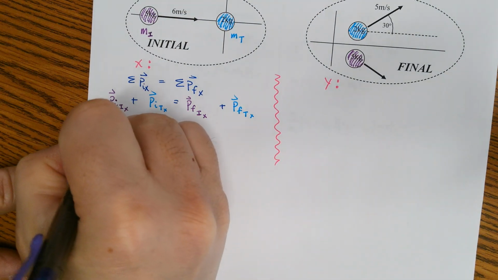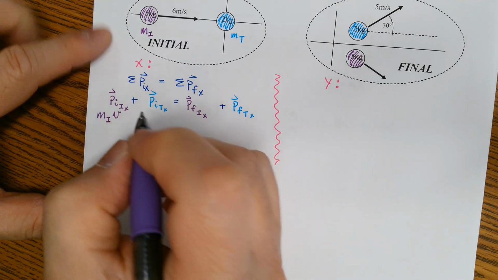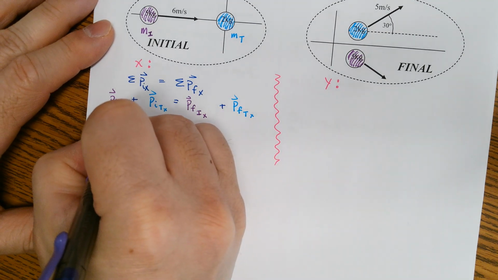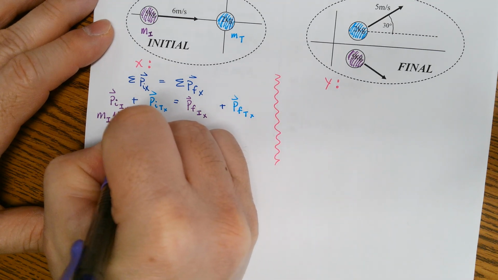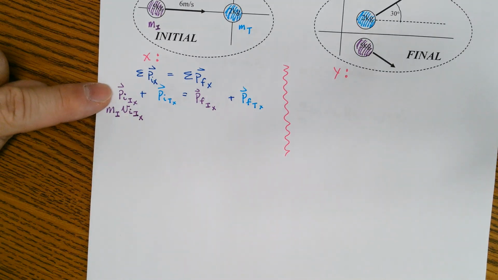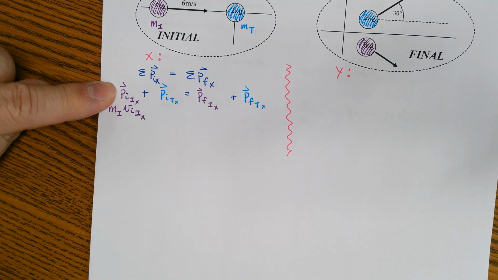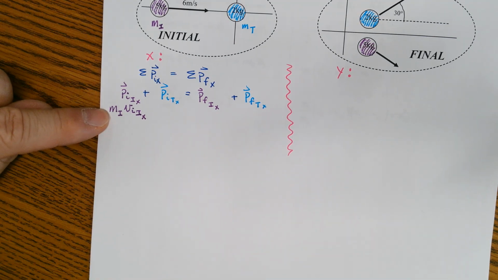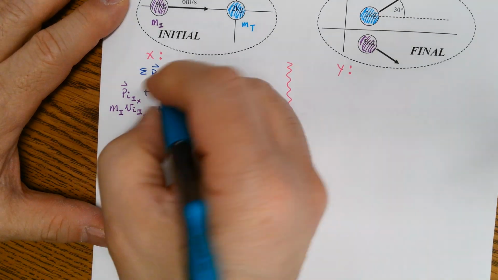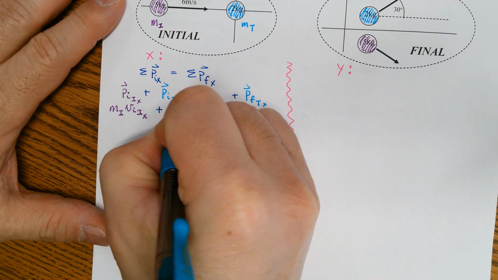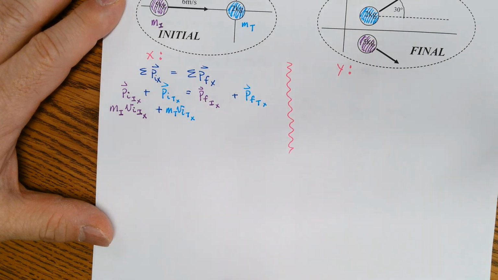So m incident times v initial incident in the x direction is what the initial incident momentum in x is. Plus mass target times v initial target in the x direction.